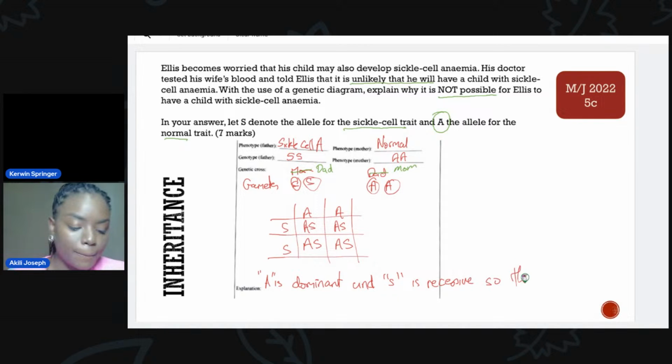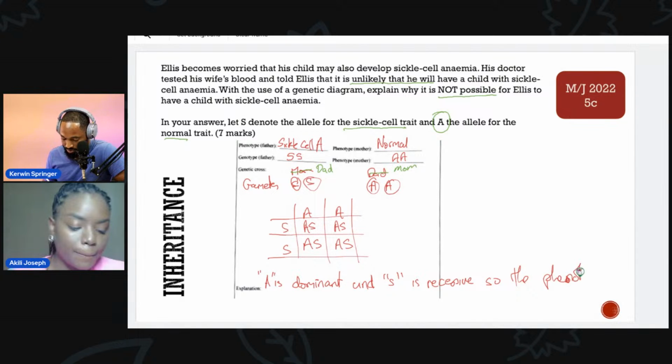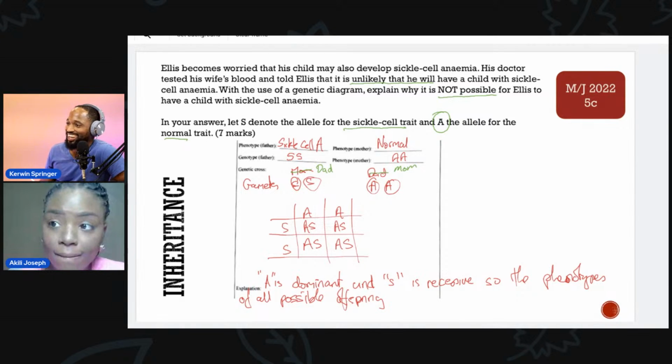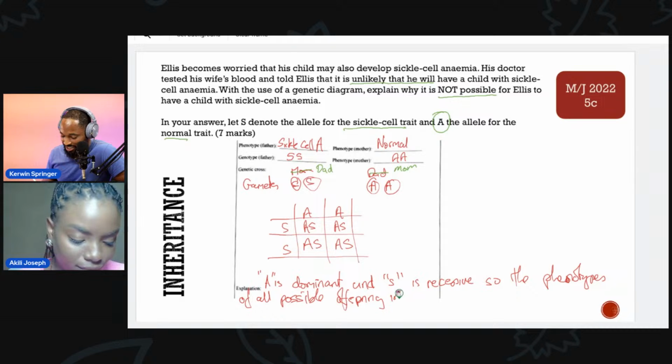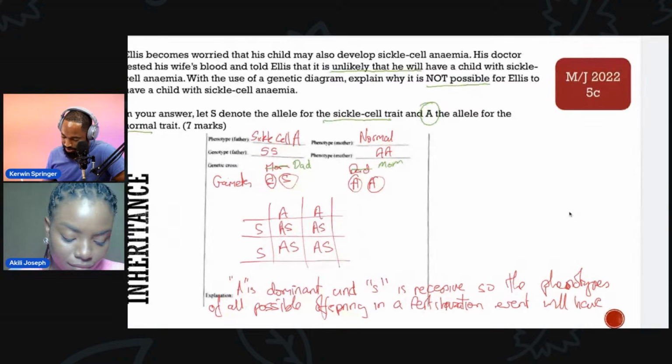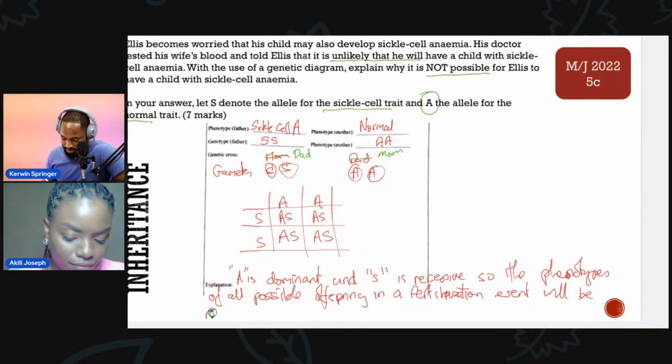So the phenotypes of all possible offspring. In a fertilization event, all possible offspring will have the normal trait.